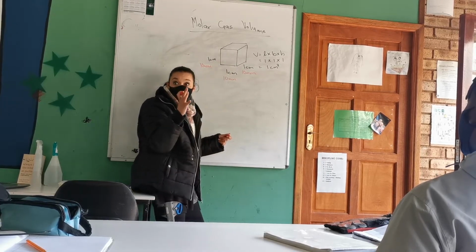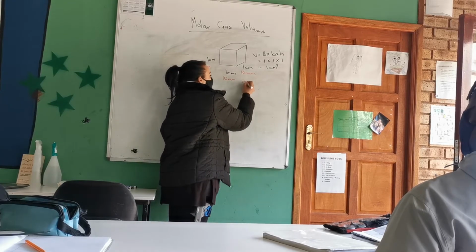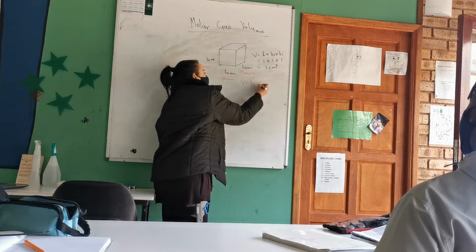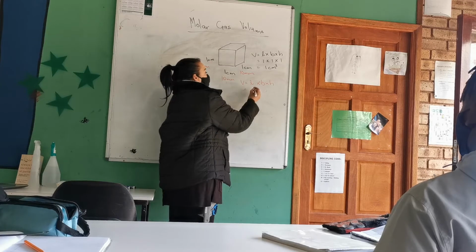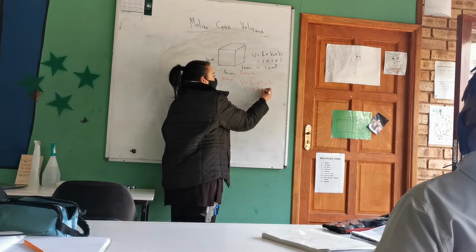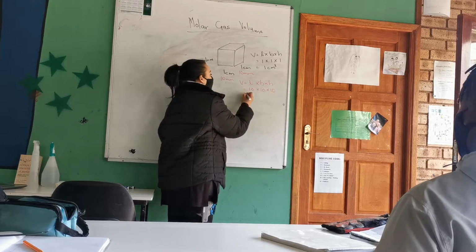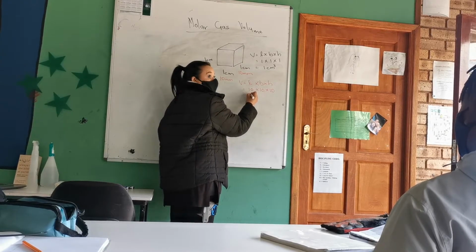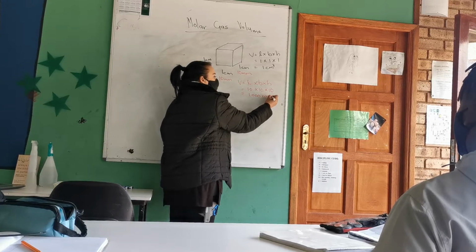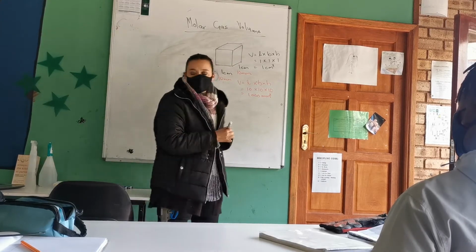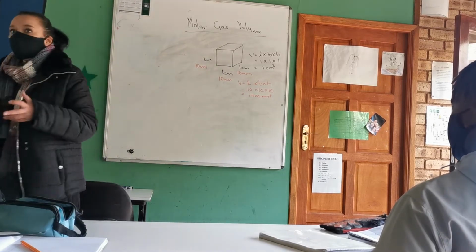When I do my volume calculation, it's again length times breadth times height, but this time I'm going to have 10 by 10 by 10, which will then give me how much? 1,000 millimeters cubed.